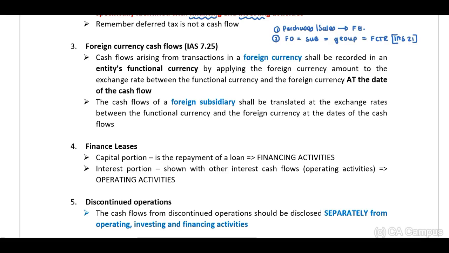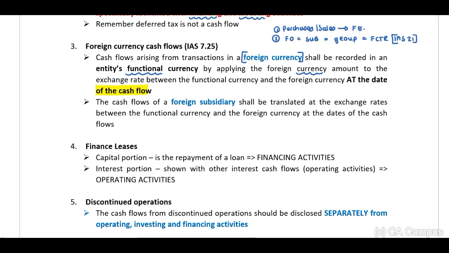Now, the standard indicates to us that cash flows arising from transactions in a foreign currency shall be recorded in an entity's functional currency by applying the foreign currency amount to the exchange rate between the functional currency and foreign currency at the date of the cash flow.